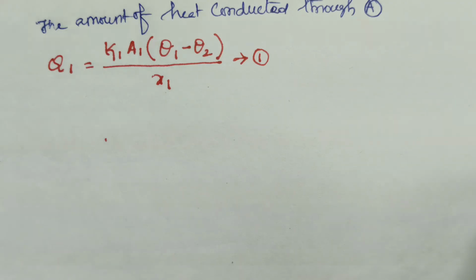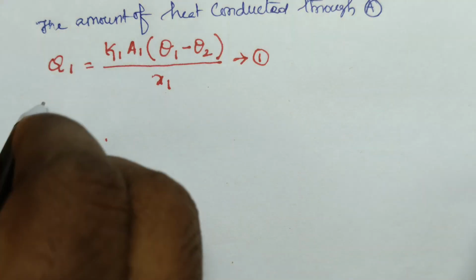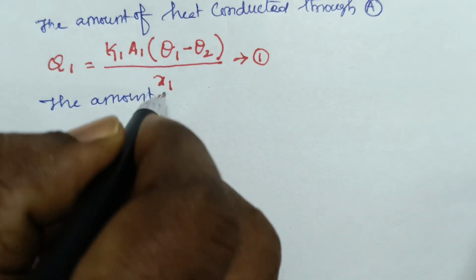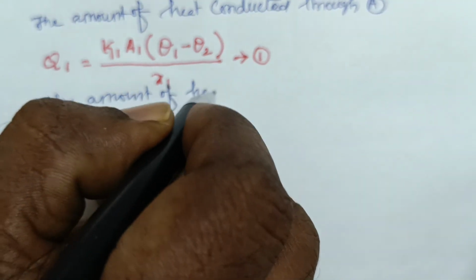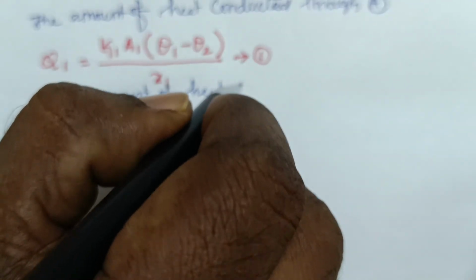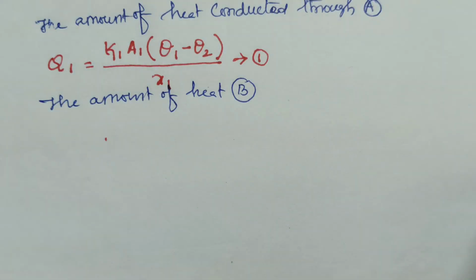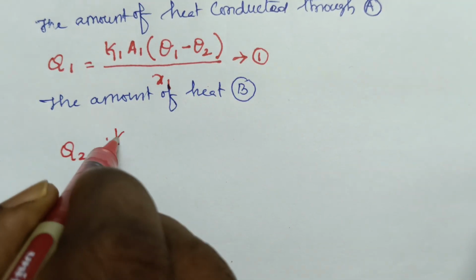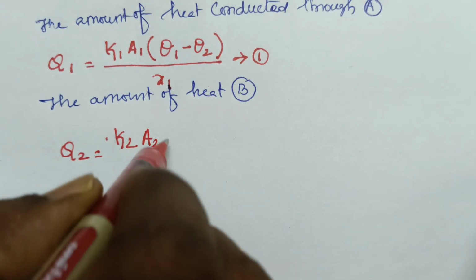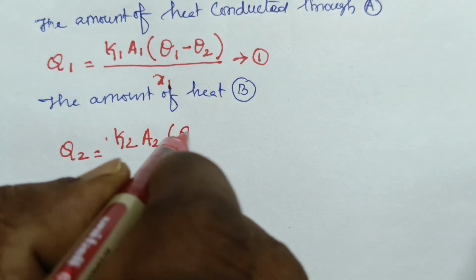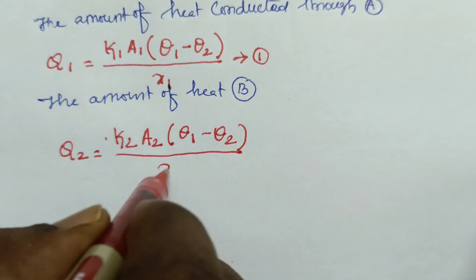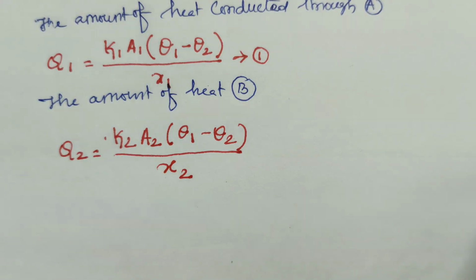Similarly you can write the amount of heat conducted through body B. Already you know that Q2 is equal to K2 A2 into theta 1 minus theta 2 divided by the distance x2.